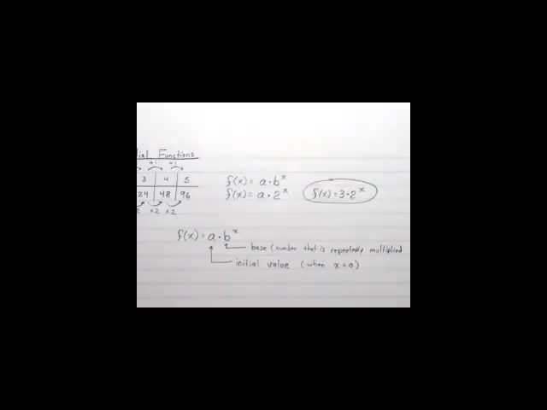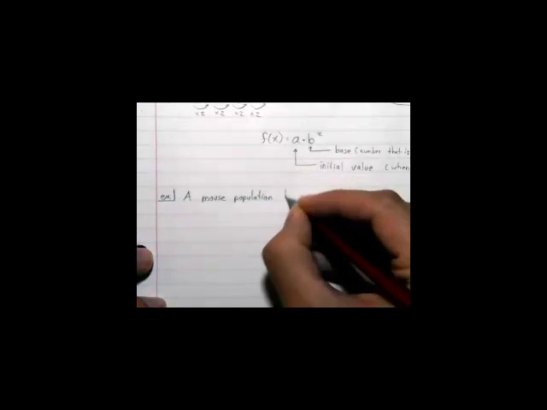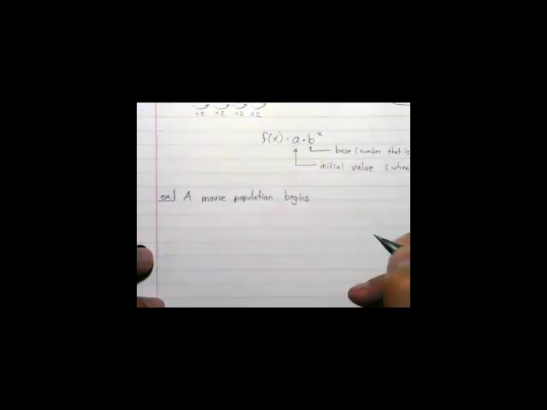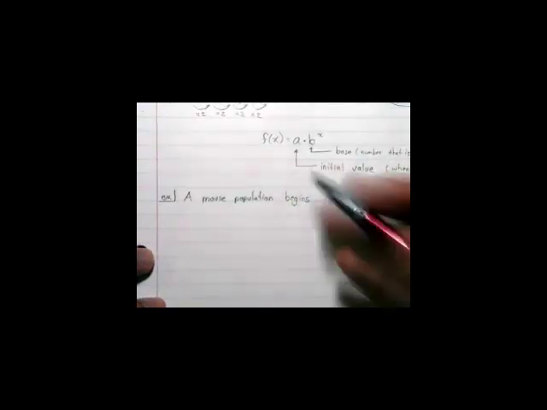I said I was going to get to that last, but I think I'll actually go there right now because it relates to what we're talking about here. So I'll give you a situation. Let's see if we can pick out the initial value, the base, and then piece together an exponential equation that'll work for that. So let's say we have a mouse population. It begins with 20 mice.